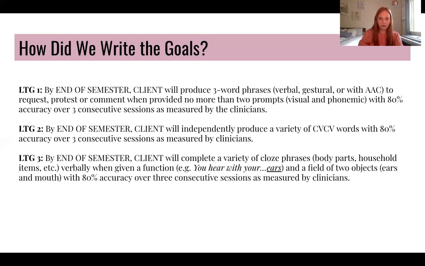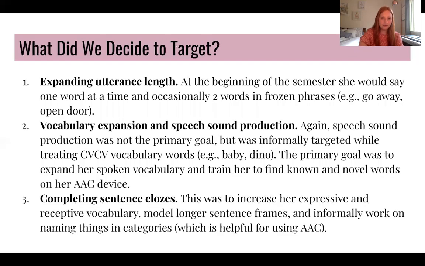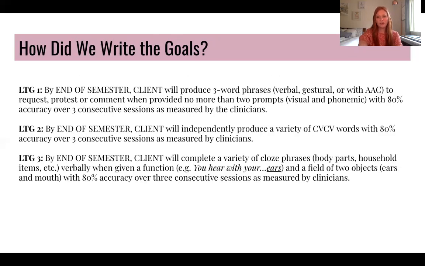And so for these three goals, while I love what we decided to target, and I think it was excellent for this client, I definitely would have written these goals differently, especially with some of the nuanced grammatical things, like the parentheses and how the e.g. and i.e. are written, which I mentioned for all of the goals.